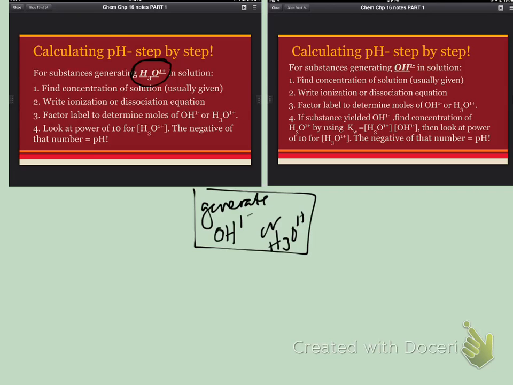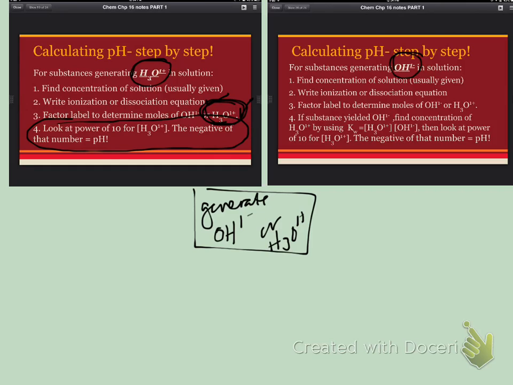That's usually given to you, like 1.0 times 10 to the negative second molar, or 1.3 times 10 to the negative first molar, whatever. Write an ionization or dissociation equation. Really, you're just trying to figure out what the mole ratio is between the solution and the ions you're interested in. And then you're going to factor label to figure out, in this case, what the concentration of hydronium ions is. Once you've got that, look at the power of 10. As long as it's a 1.0, you've got it. If not, you have to do a little work on the calculator.